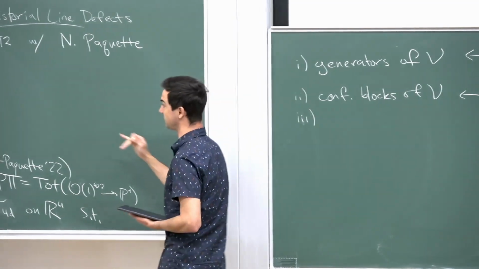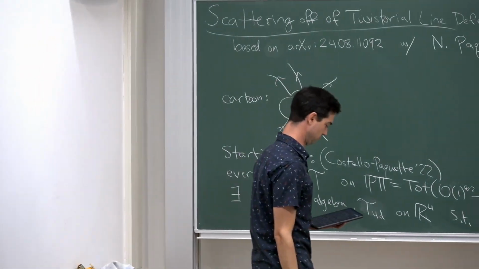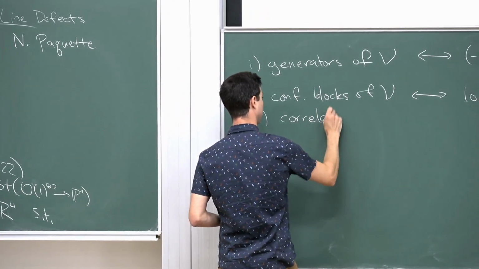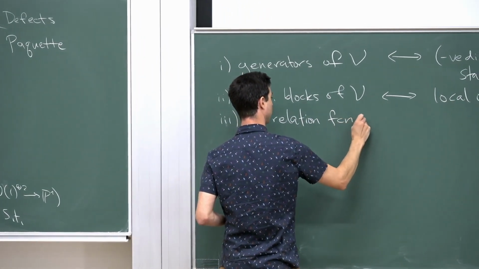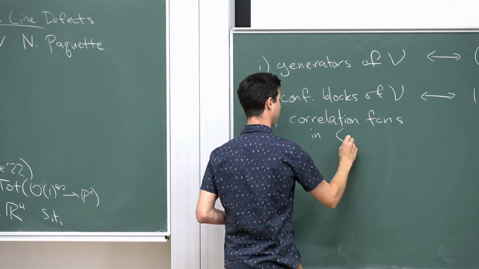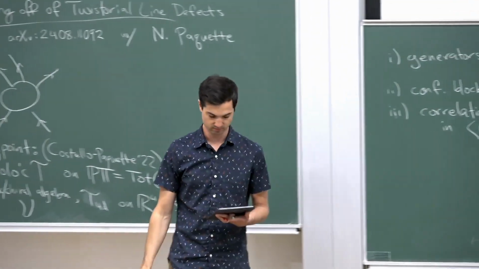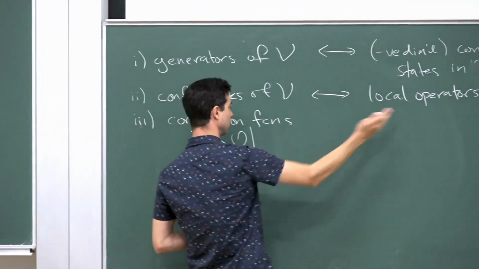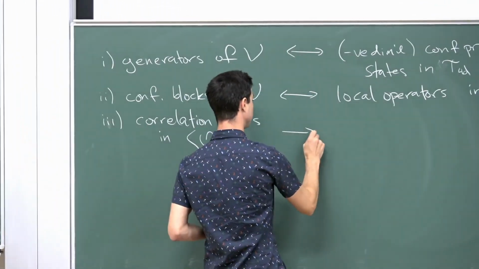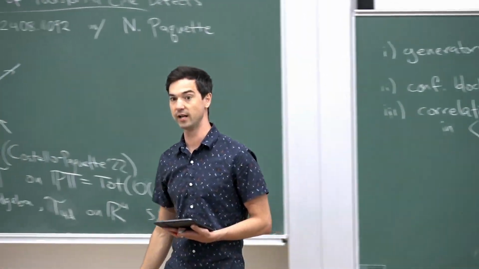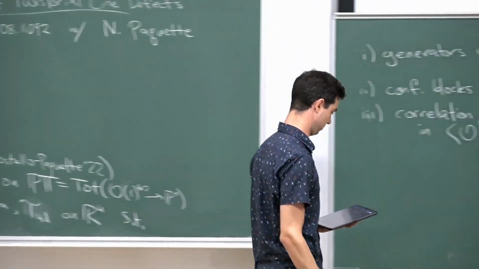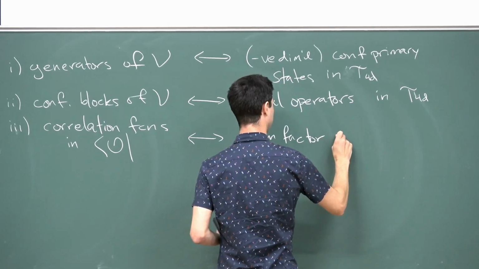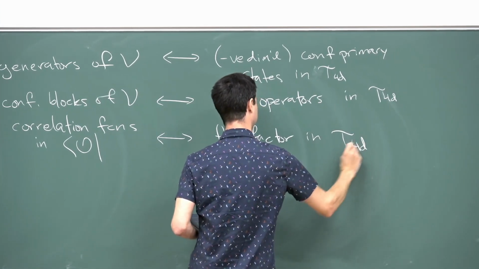And then the juicy bit that ties back to this cartoon I drew is that correlation functions in such a conformal block, which I'll just denote schematically by that, where this will be the corresponding four-dimensional operator, O, on the chiral algebra side compute form factors in the four-dimensional theory.